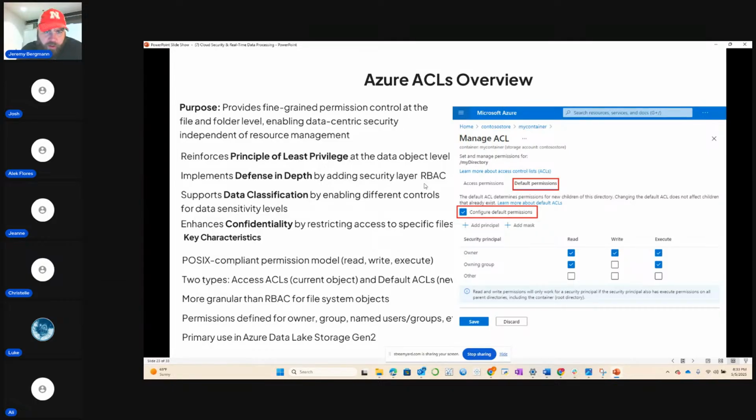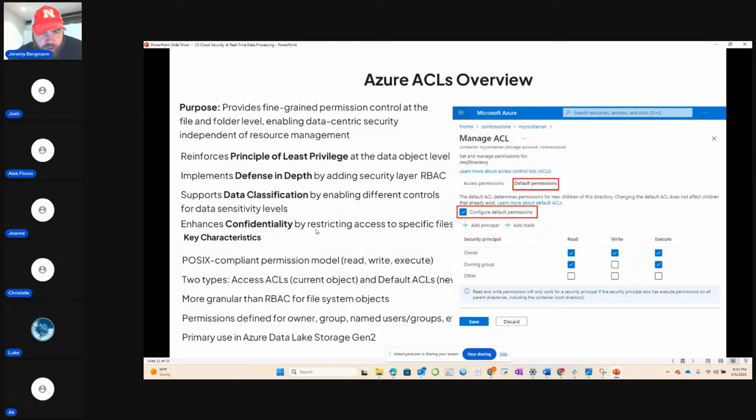So it's another layer of security, and it supports data classification by enabling different controls for data sensitivity levels. I haven't done that before, but I assume there's a setting in here that you could use to automatically configure default permissions. There are probably different sets for different sensitivity levels.